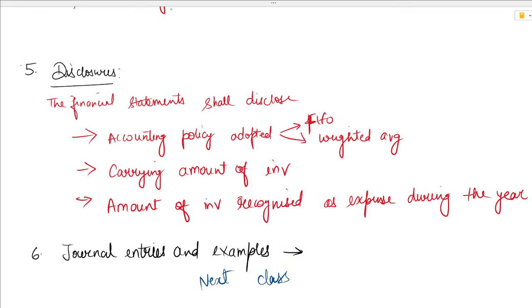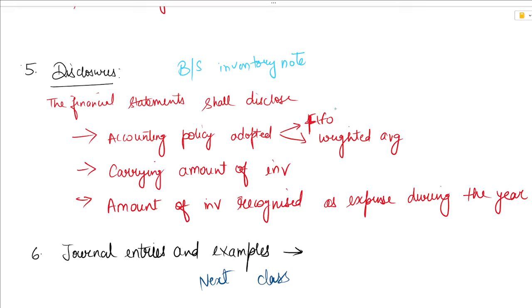Right. Now there are a few very important disclosures. We will study that. These disclosures you have to disclose in your balance sheet inventory note. It should disclose what accounting policy you have adopted.